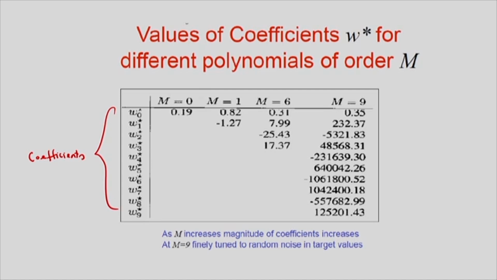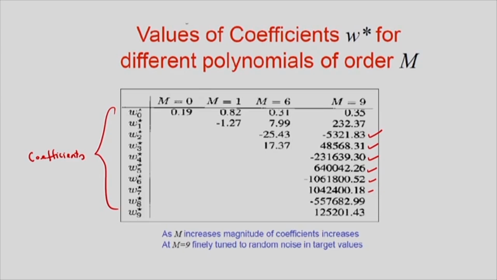Corresponding to m is equal to 9, overfitting takes place, and oscillation takes place in the polynomial coefficients. You can see sometimes it's a very low value, again a high value, again very low, again high, like this we have these oscillations.